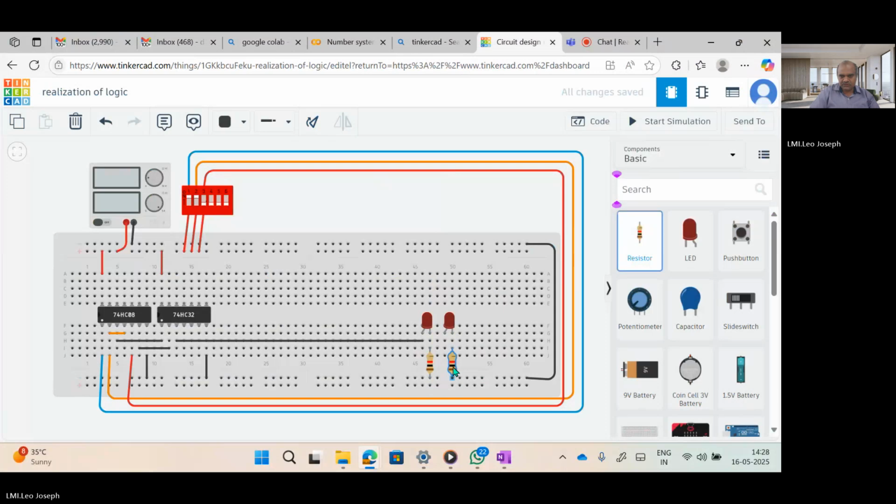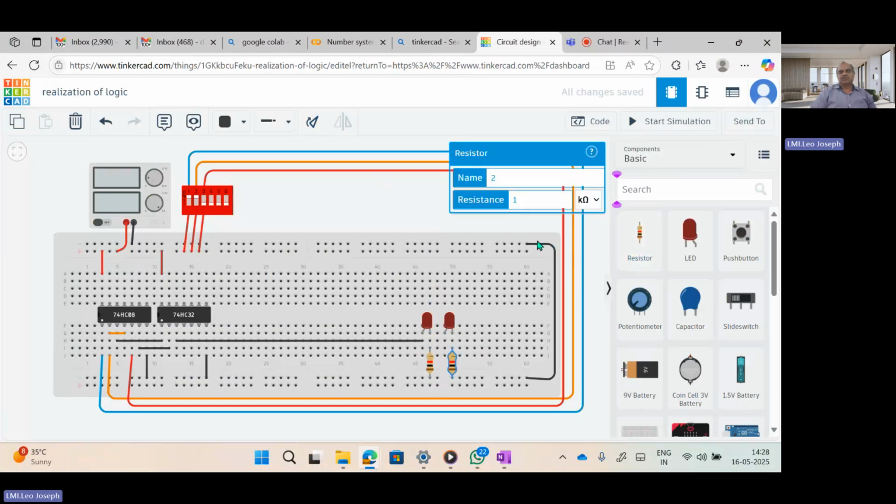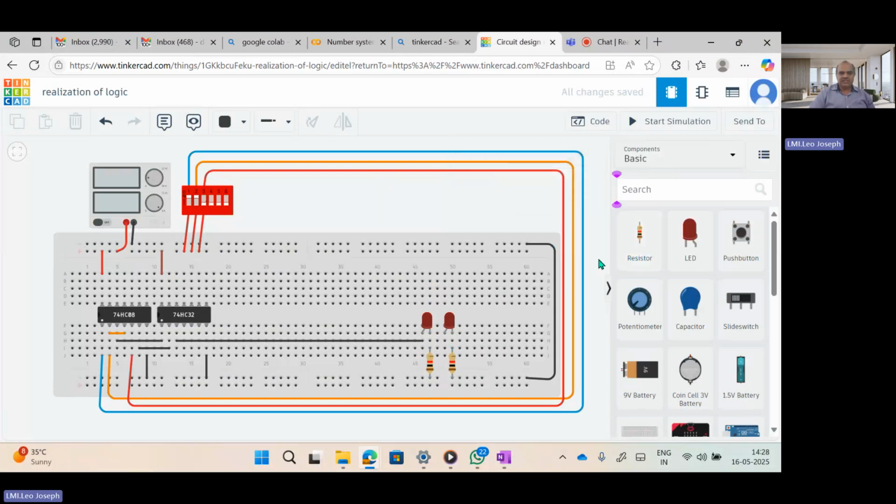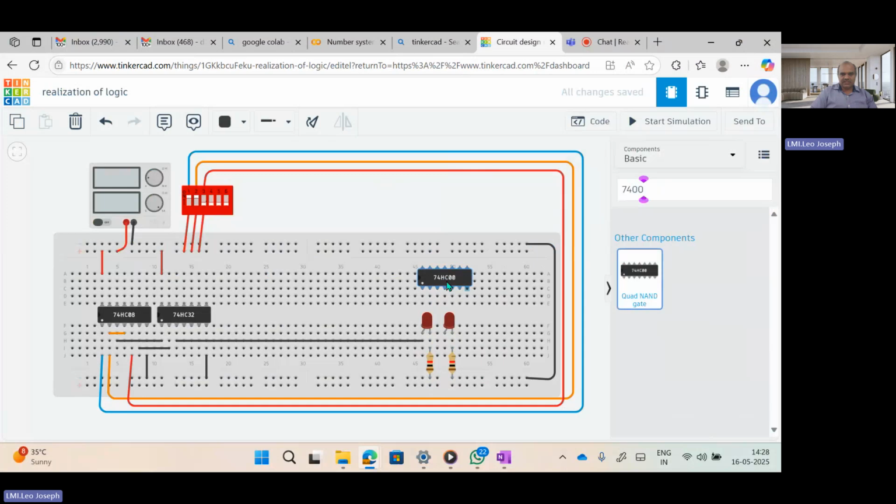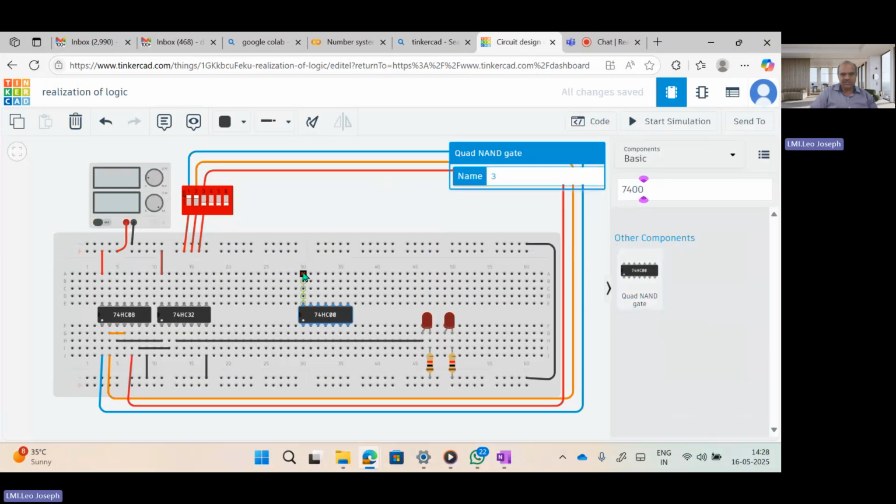I am going to do the same realization with the help of a NAND gate, that is 7400. This is the NAND gate, a single IC. Two ICs are working now; now with a single IC I am going to realize the same operation.